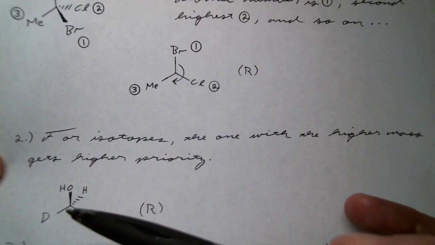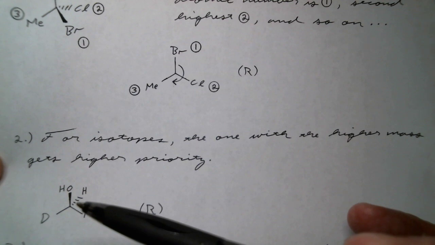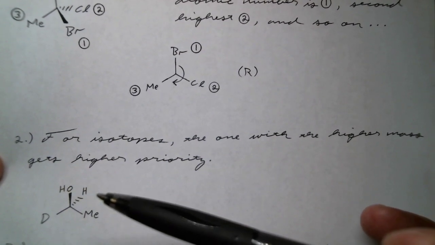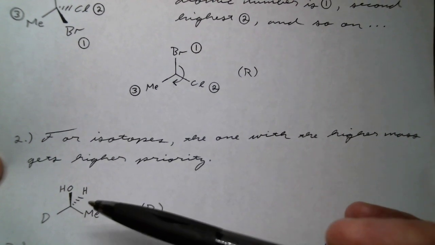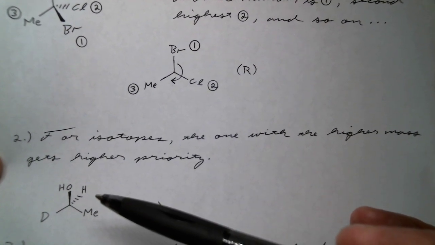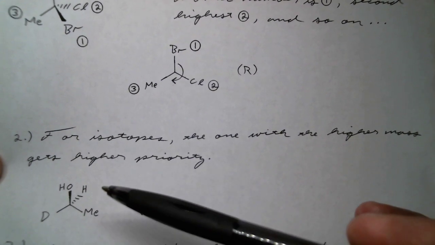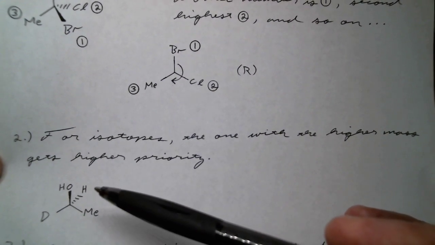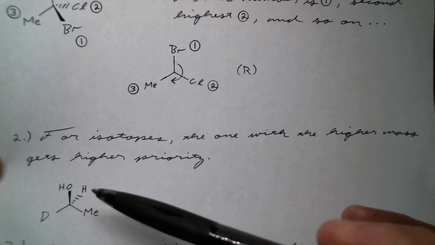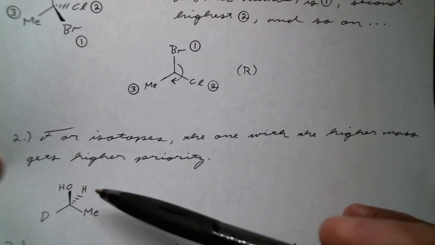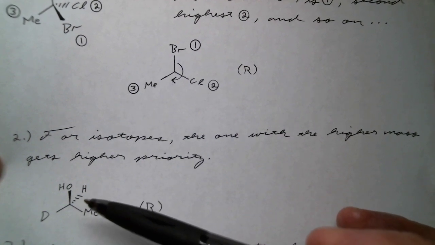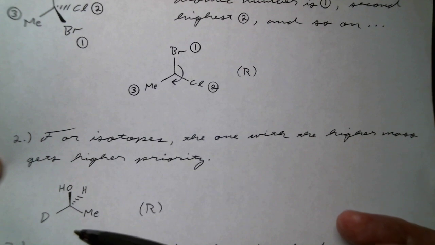We know that in our bond line structure, the wedge bond means your group is coming out of the plane of the page towards you, and the dashed bond means the group is going back behind the plane of the page. It's almost as though we've put our lowest priority group, our priority number 4 group, which is hydrogen in this case, already back behind the plane of the page. We can still see it because it's got the dash bond, but this trick works well enough.